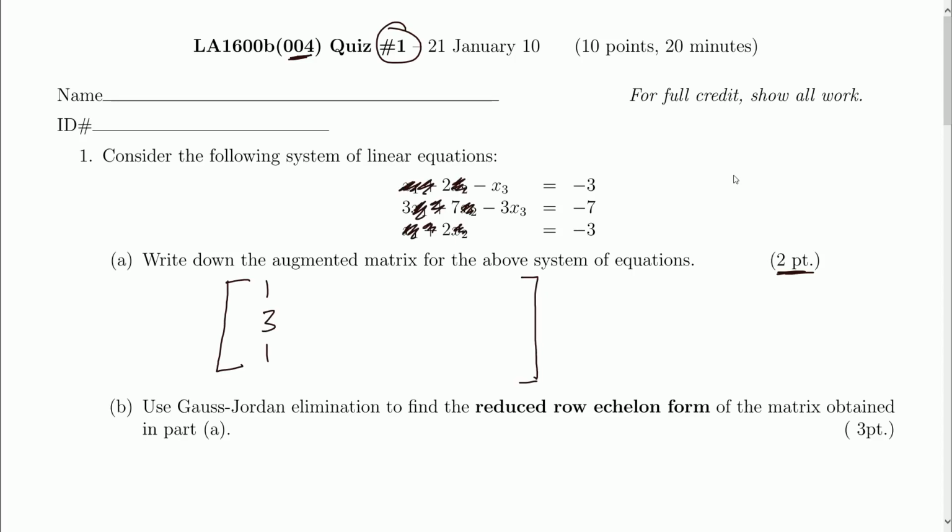All we really need are the coefficients and to be able to manipulate them in a nice, efficient way. And then what have we got? Negative 1 x3, negative 3 x3, but oh, no x3s here. That's a 0. And then the equal sign turns into just a nice little line, and negative 3, negative 7, negative 3. So there we go.